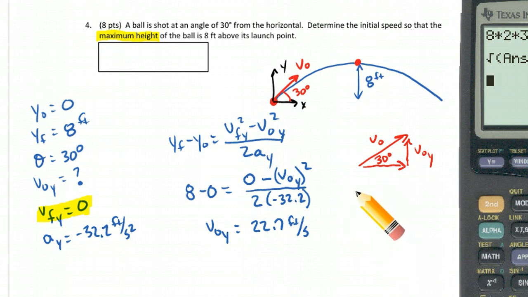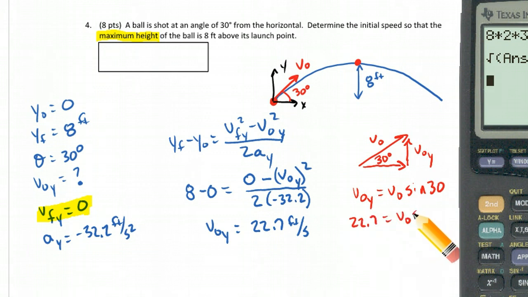So I can say that v0y is equal to v0 sine 30. I just solved for this. 22.7 is equal to v0 sine 30.